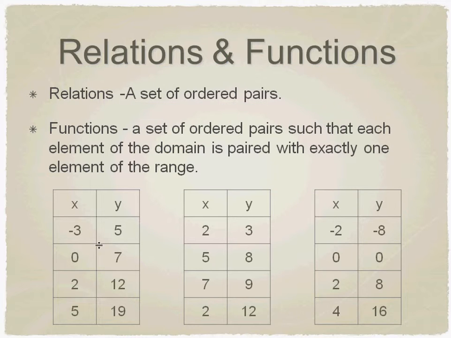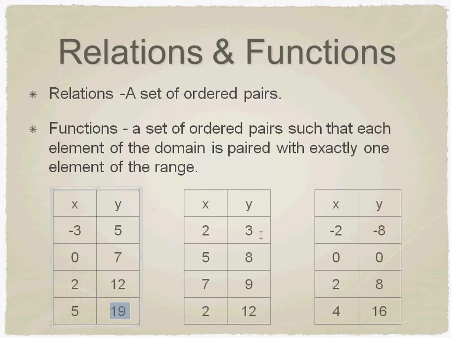So look down here below at these three different sets of ordered pairs. All three of them are relations, but one of them is not a function. Can you tell which one? In analyzing the first one, notice that all of the elements of the domain, -3, 0, 2, and 5, are paired with only one element of the range. -3 is paired with 5, 0 is paired with 7, 2 is paired with 12, and 5 with 19.